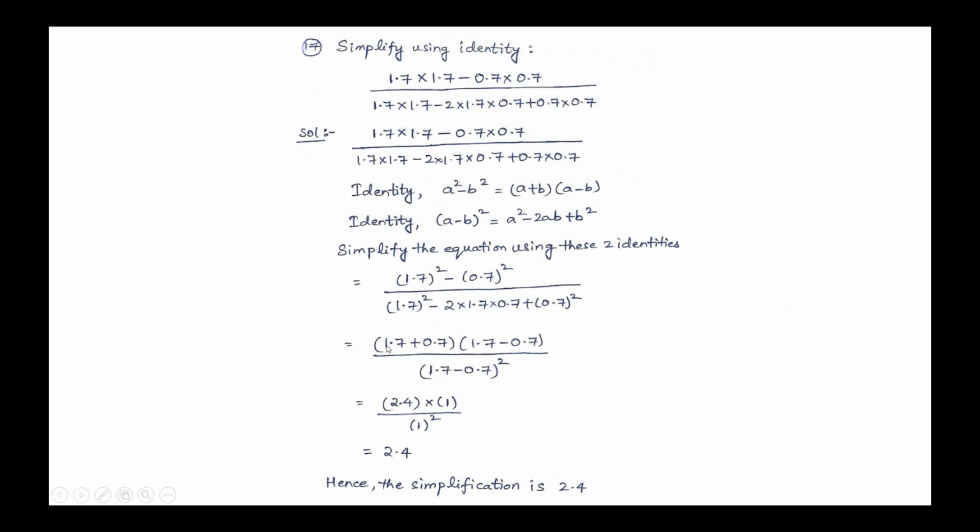That is (1.7 + 0.7)(1.7 − 0.7) divided by 1.7² − 2 × 1.7 × 0.7 + 0.7², which is a² − 2ab + b², equal to (a − b)², that is (1.7 − 0.7)². So 1.7 + 0.7 is 2.4, 1.7 − 0.7 is 1, and (1.7 − 0.7)² is 1².